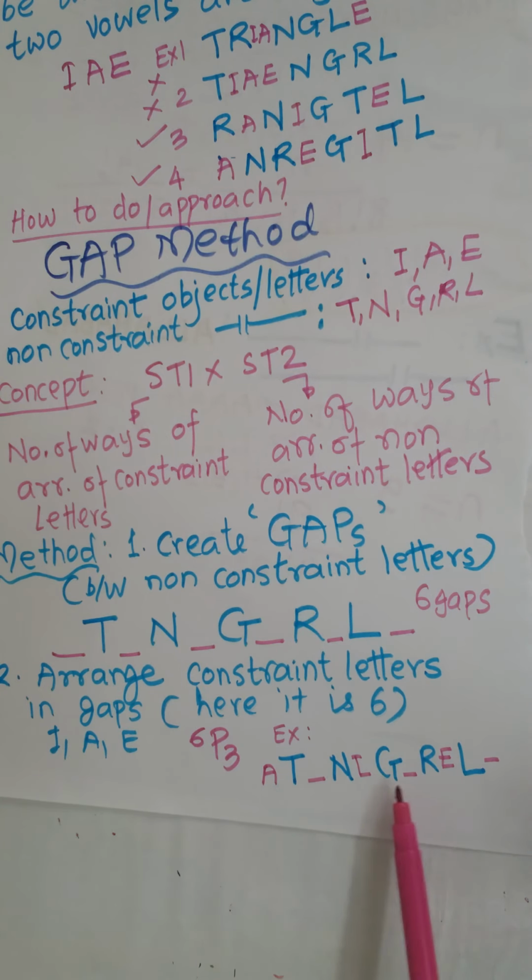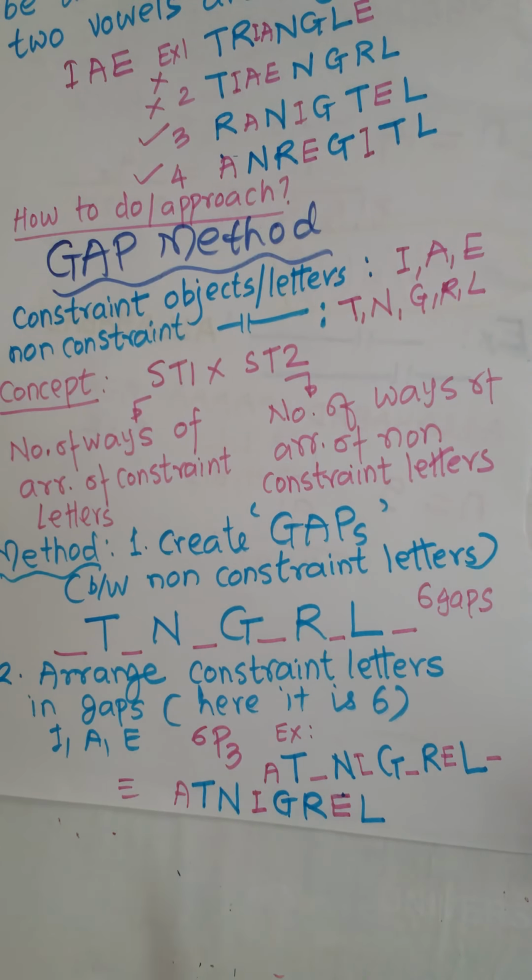So the gaps which are now left are removed, or we can say they are of no use. Like this, the 3 gaps which are left are removed. T and N are considered as adjacent, G, R, and the gap after L is considered invalid, or we can say they are removed or useless.